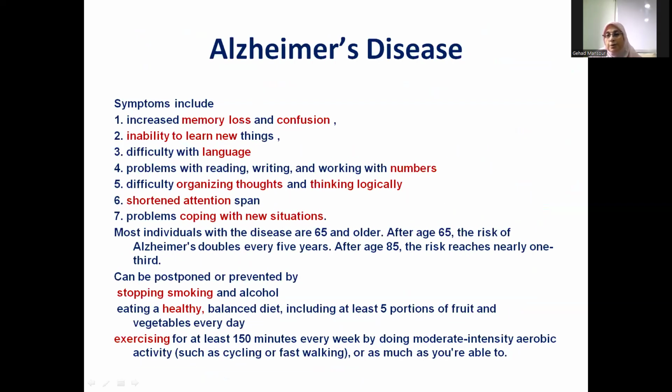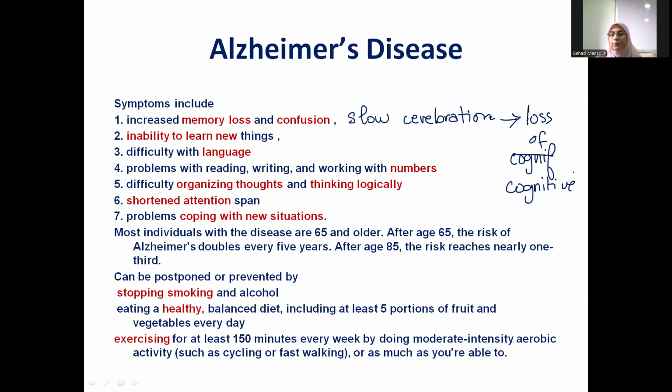Of course, there will be memory loss, there will be confusion because of the slow cerebration. Everything occurs slowly before the neurons get completely damaged, where there will be loss of cognitive functions and the patient will remember only very few items in life, especially the old memories.